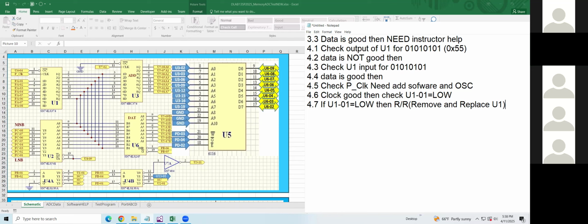And you can say the input is correct, they get the clock, they enable. How come the output is not correct? That means at work.